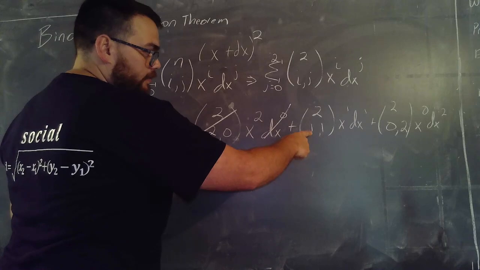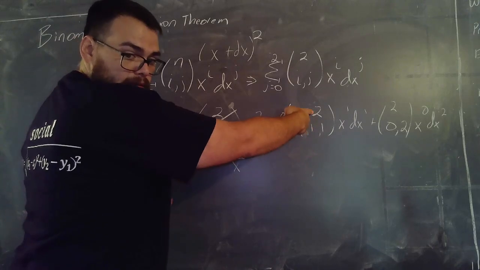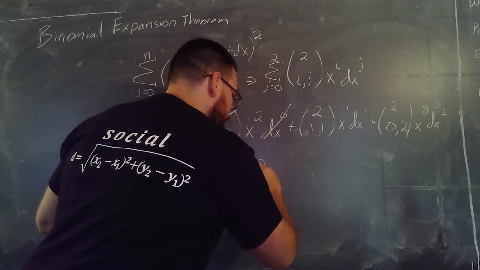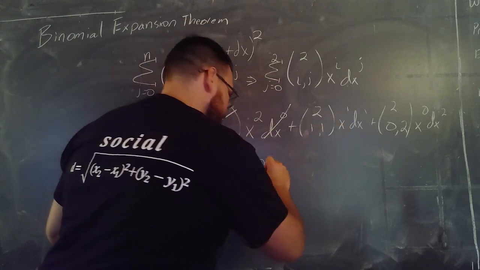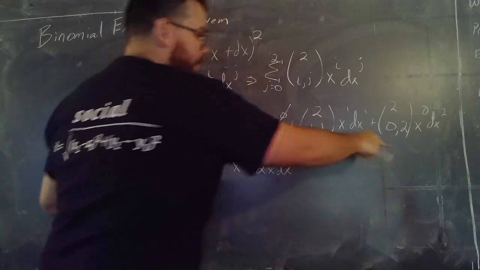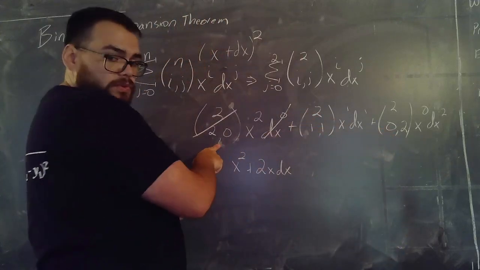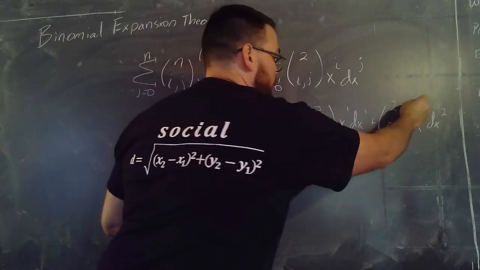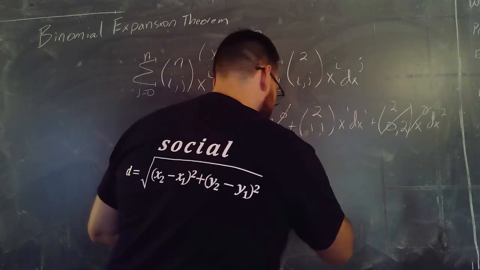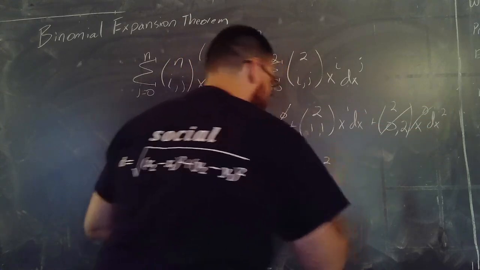When this number is 1 less than the n, it's just going to be the n. So this is going to be a 2 x to the first, dx to the first. And then again, this is symmetrical to this one, so it's going to end up being 1 as well. And anything to the 0th power is 1. So we have dx squared.